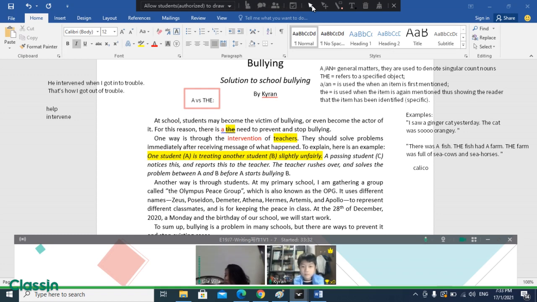So could you illustrate a more specific example for the sentence I highlighted? How would student A be treating student B specifically? What would he be doing exactly?